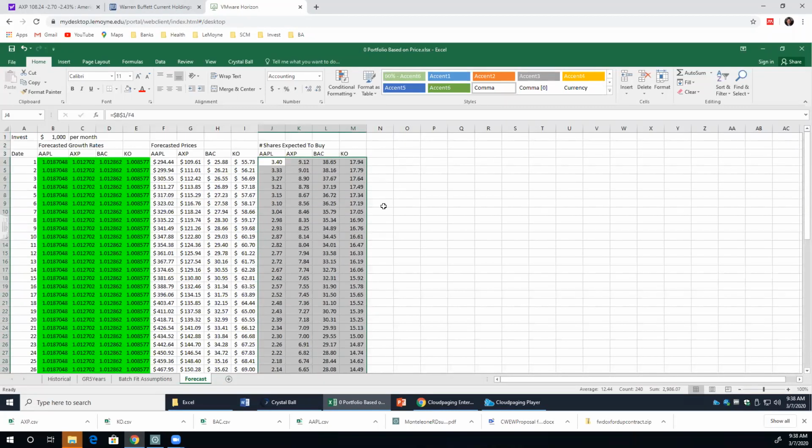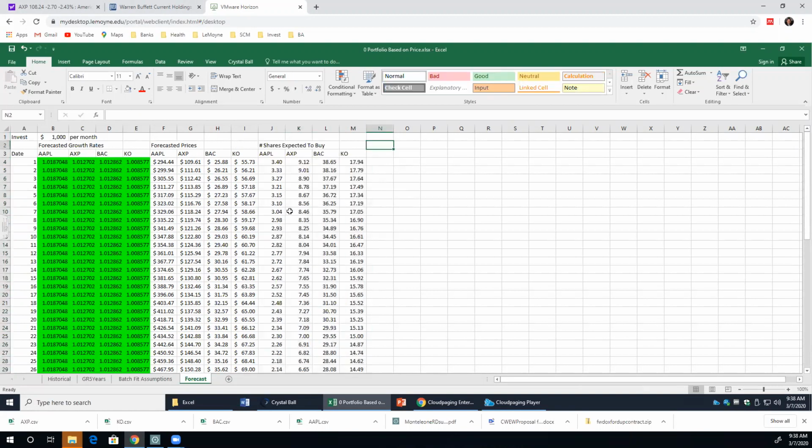However, if I wanna understand my wealth, because this is more like a flow variable, this is new shares coming in, I'm really interested in my wealth, so the cumulative number of shares if I go with either one of these companies.